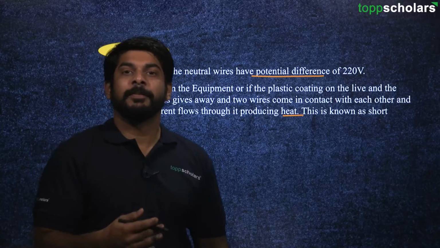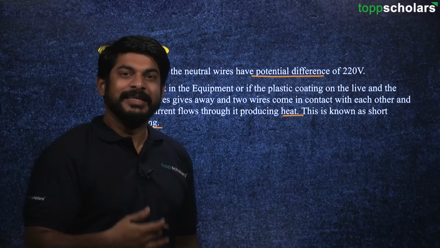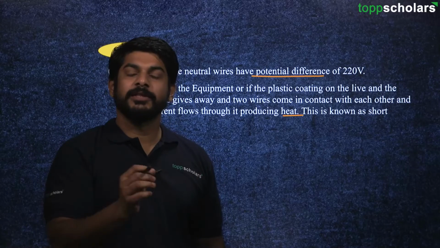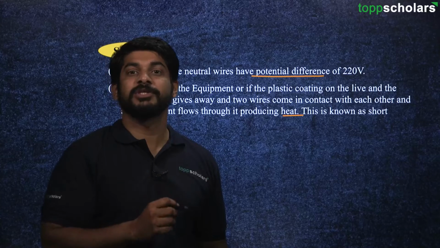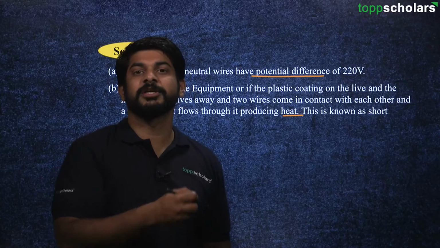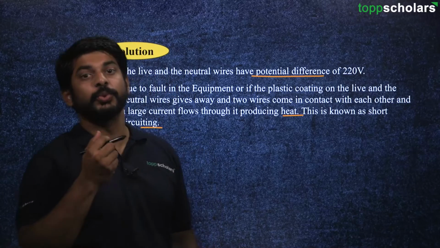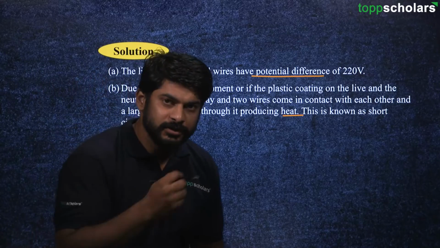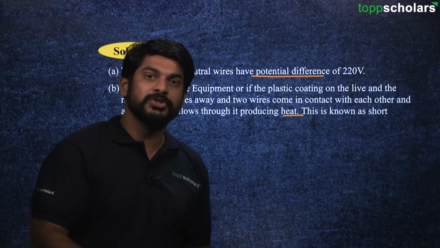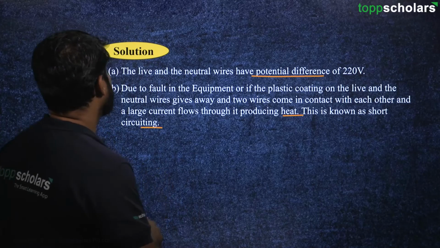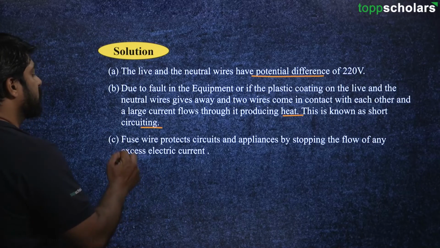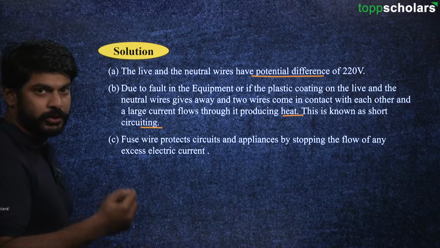So over here, if in some case the live and the neutral wire come in contact with each other, then it is called a short circuit, because in that case a huge amount of current is generated and a huge amount of heat is also produced. So this is short circuit. And then last is, what is a fuse used for?